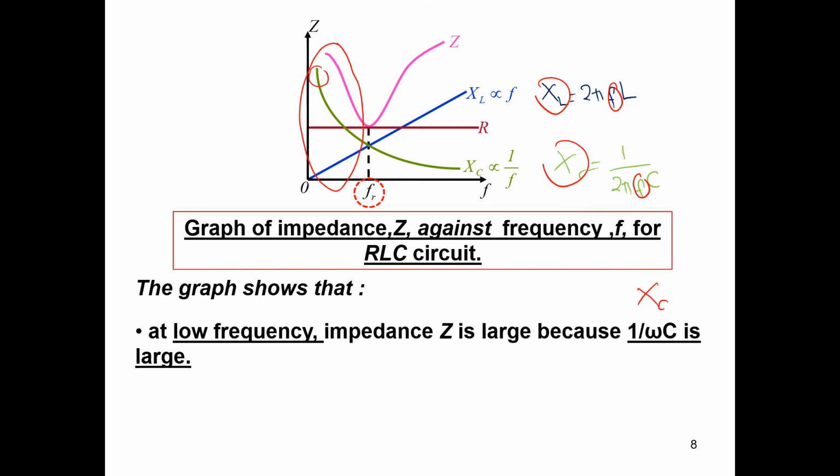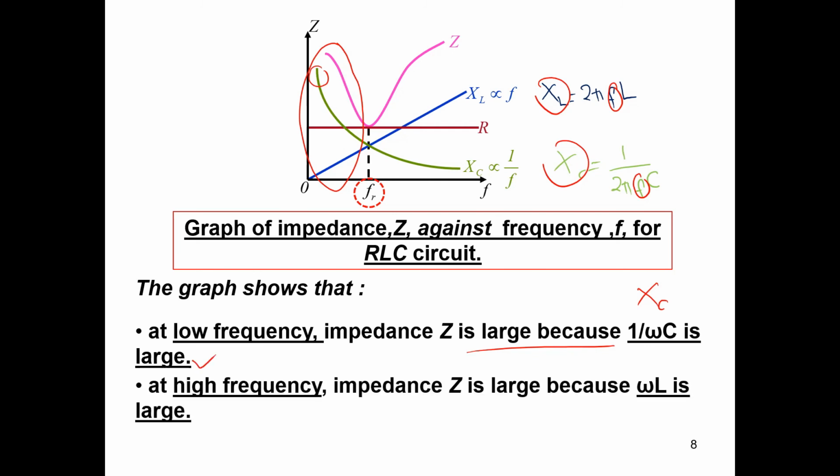Impedance is large because capacitive reactance is large. At high frequency, at this area, the impedance is large because of omega L, because the value of impedance is contributed by the inductive reactance.